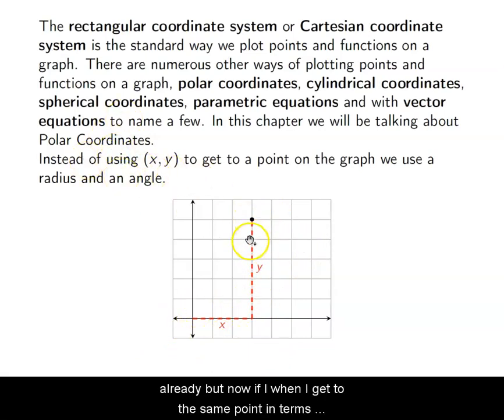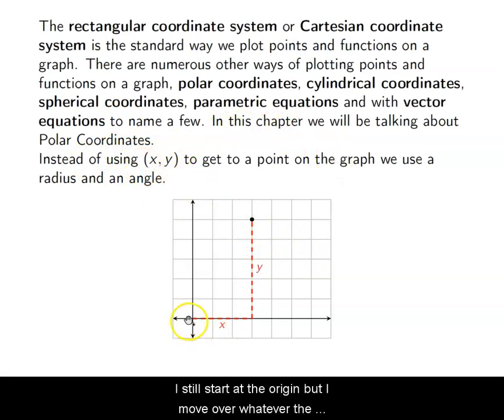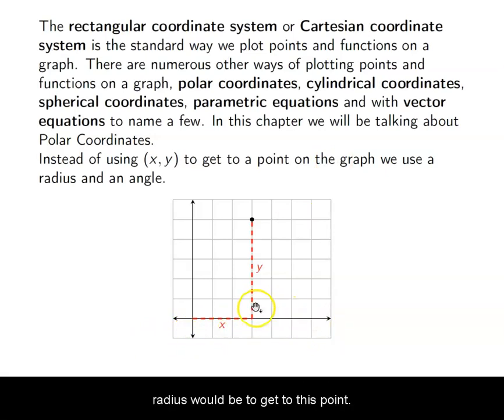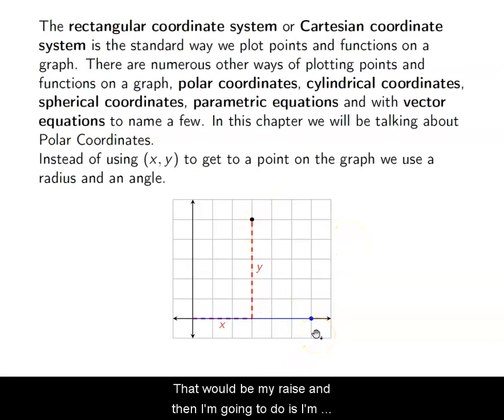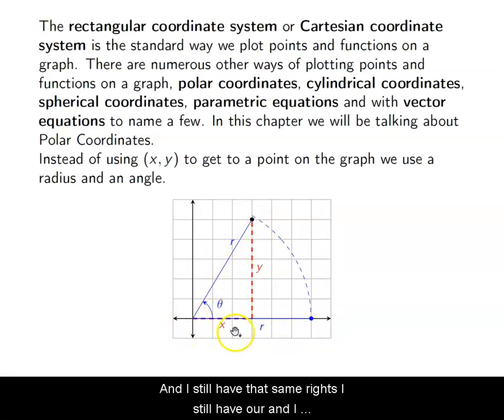But now if I want to get to the same point in terms of a radius and an angle, I still start at the origin, but I move over whatever the radius would be to get to this point. Okay, that would be my radius. And then what I'm going to do is I'm going to sweep an angle until I get to my point, right? So I move over a distance of r, and then I sweep up an angle of theta, and I still have that same length, right?